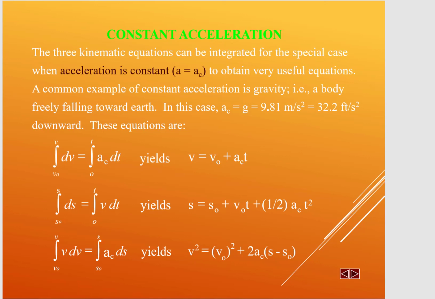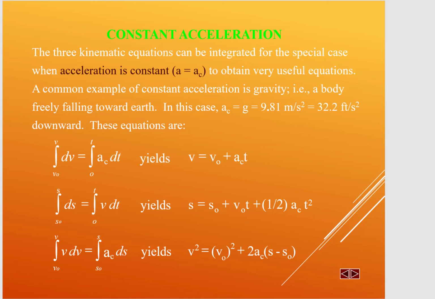These special cases are very popular, especially when later on we'll deal with problems that involve constant acceleration, such as an object falling or moving under the gravitational constant, which is 9.81 meters per second squared, and that reduces into three common problems, or three equations of motion.